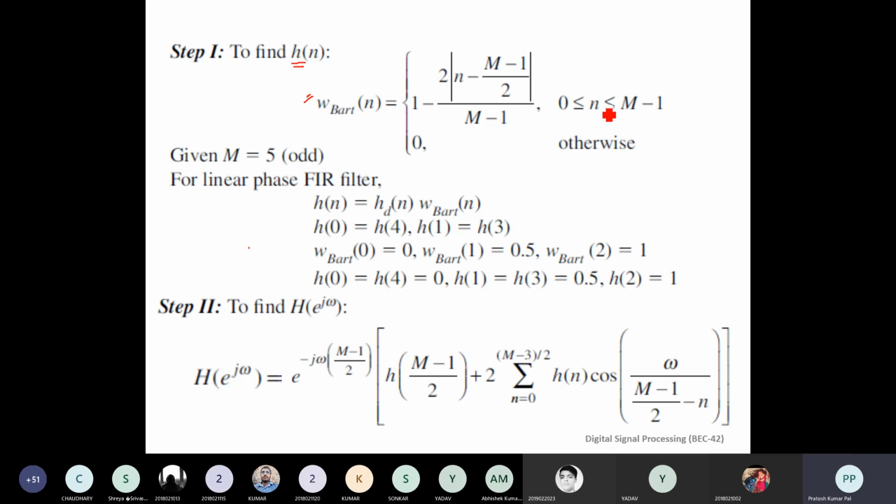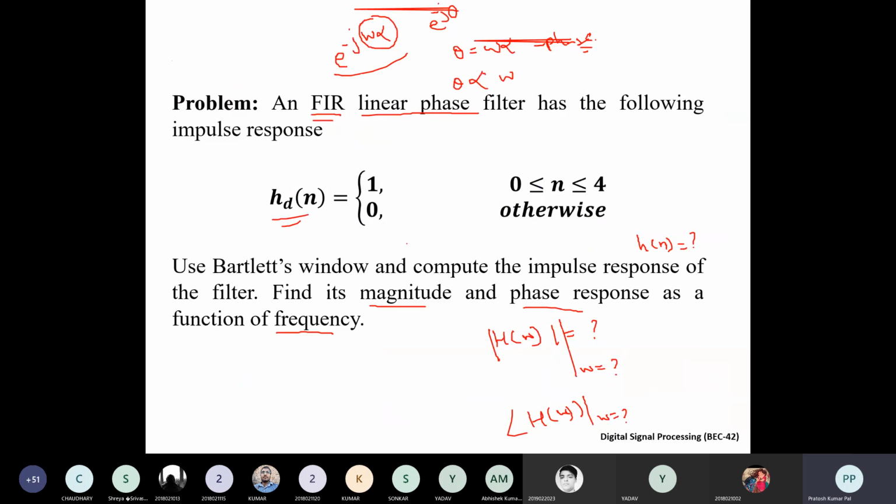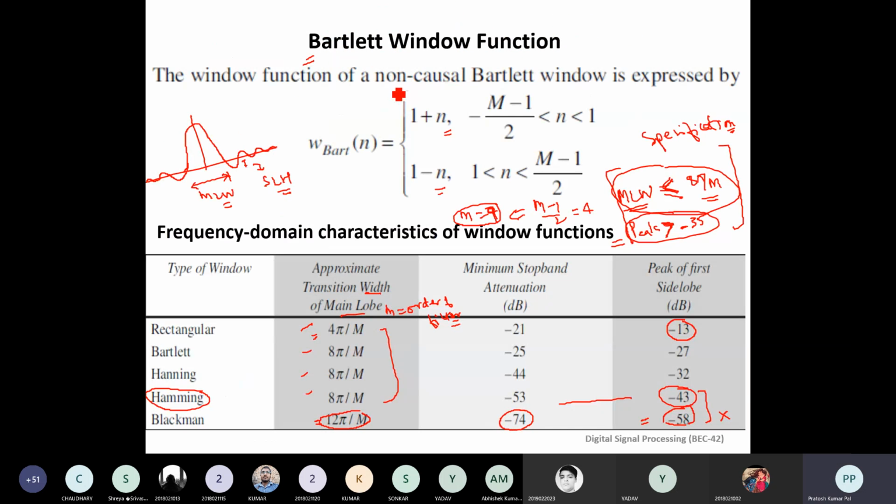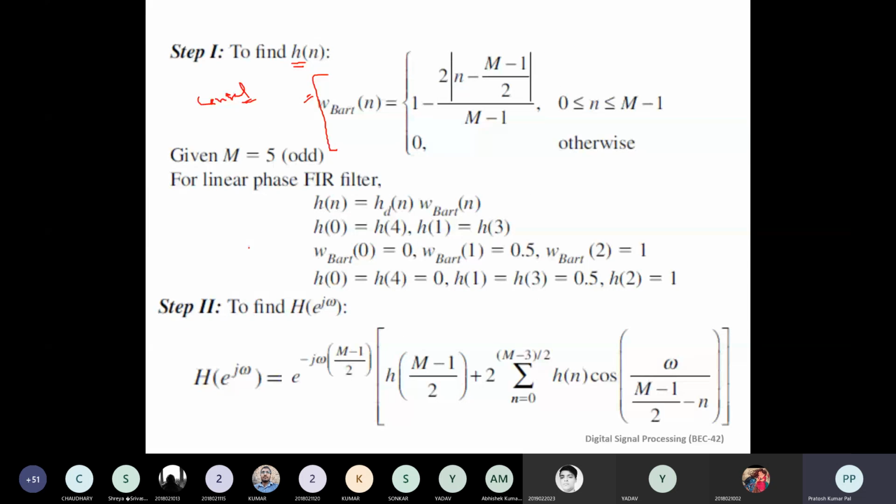One thing is that this is the causal form. In the previous slide we saw the non-causal Bartlett window, so in the case of the causal Bartlett window, this will be the expression. We can note it down.